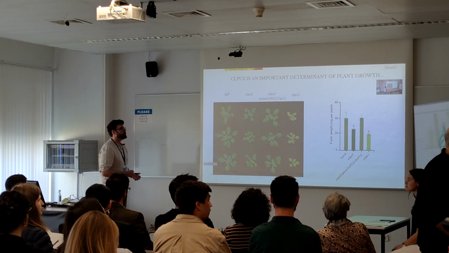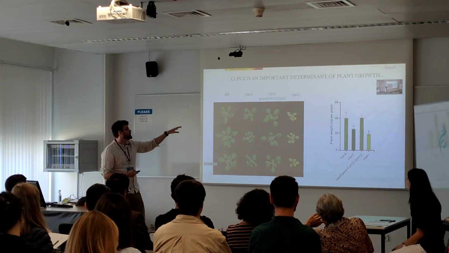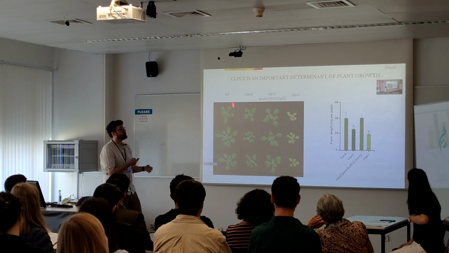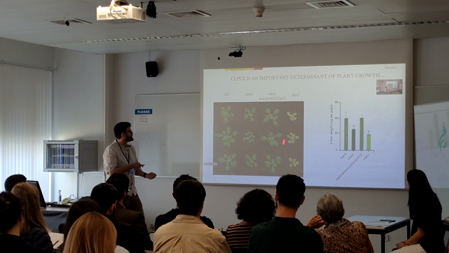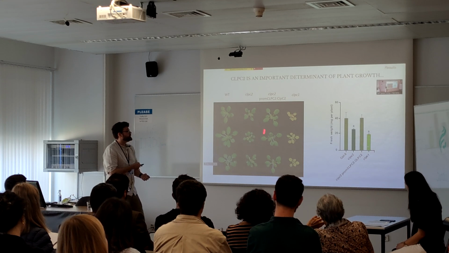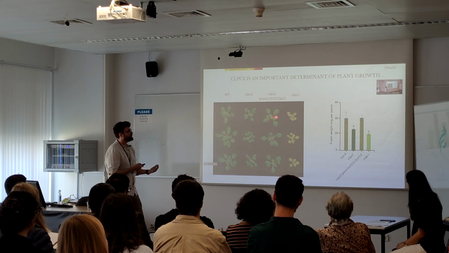In addition, we compared the phenotype of the CLPC2 mutant and the CLPC1 mutant. Both are smaller with respect to wild type, and the CLPC2 mutant is darker, while CLPC1 has a yellowish phenotype.